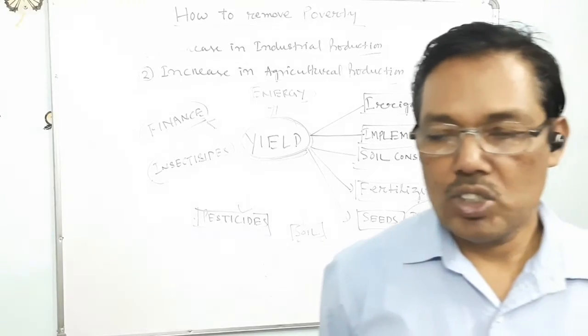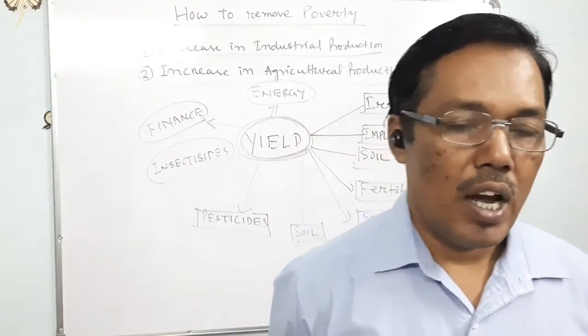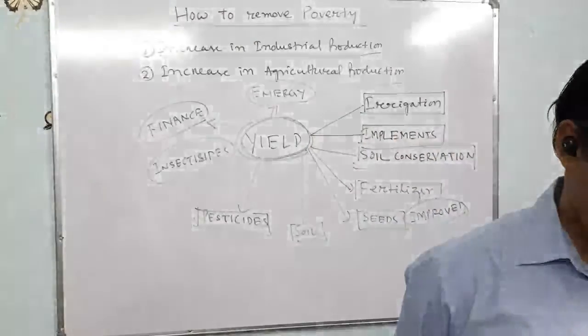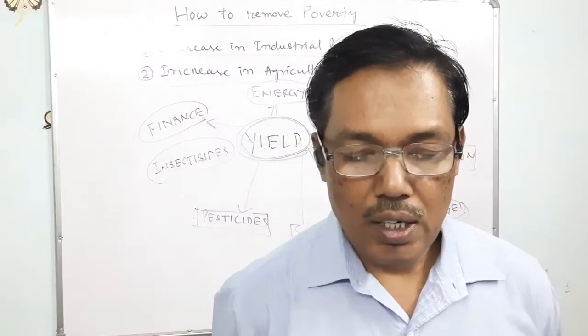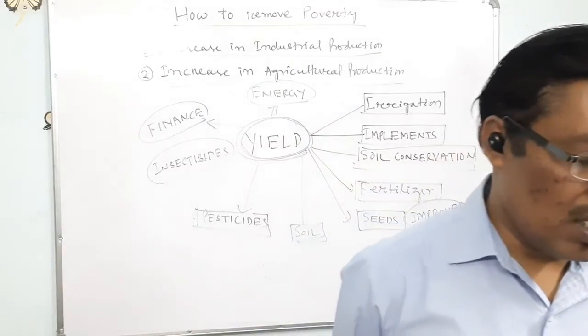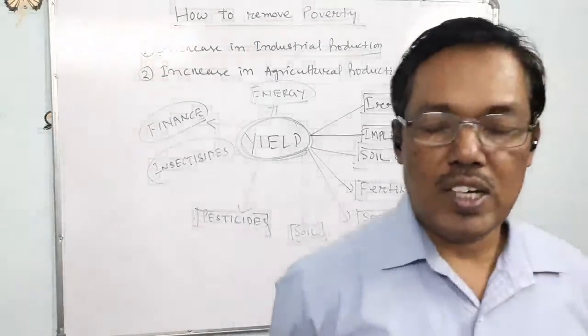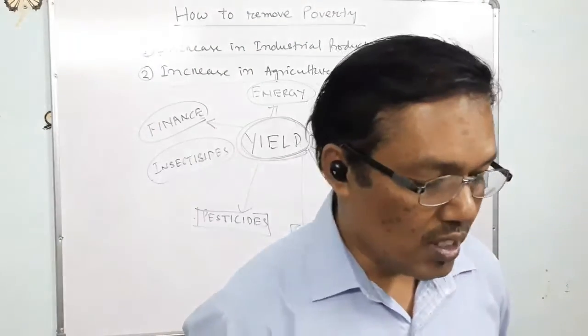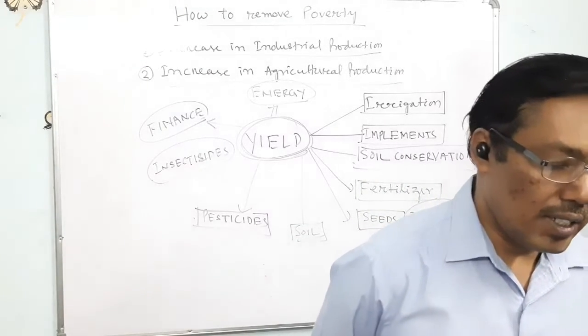For the richer section of the people we should levy more tax, and for the poorer section less tax, so different types of tax: for the rich section progressive tax, or there is also proportional tax, but for the poorer section we should implement schemes, that is regressive tax.